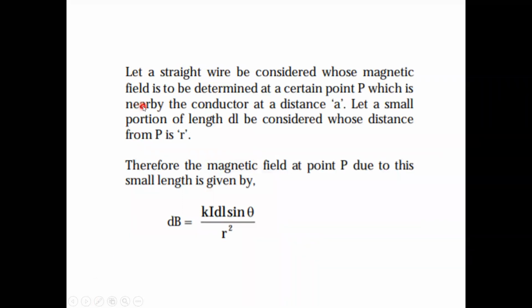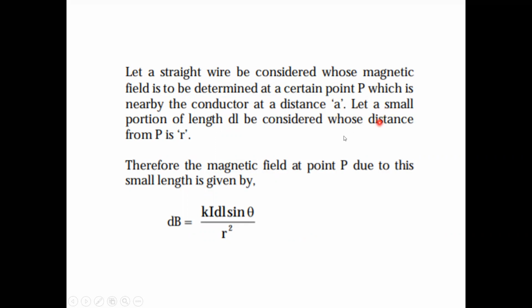So once again I repeat: let a straight wire be considered whose magnetic field is to be determined at a certain point P, which is near the conductor at a distance a.